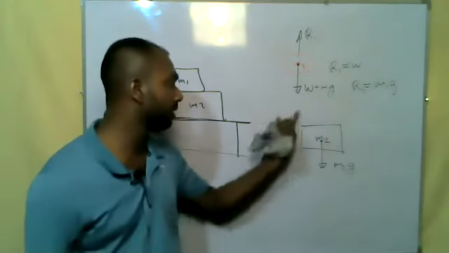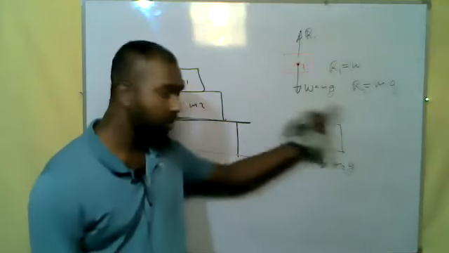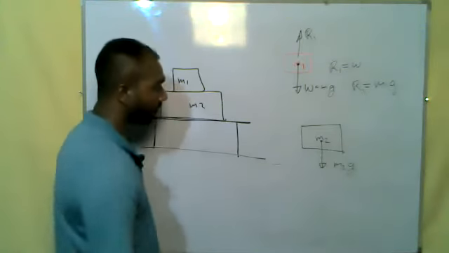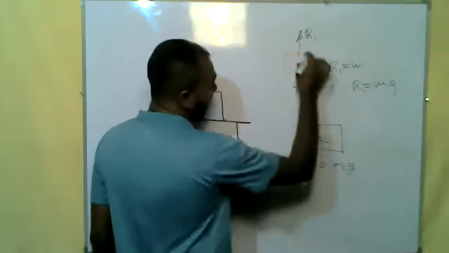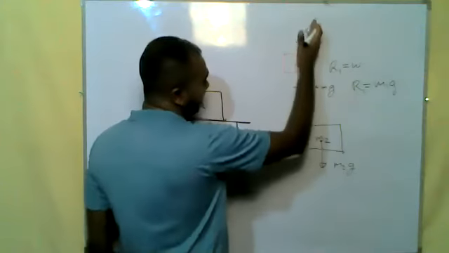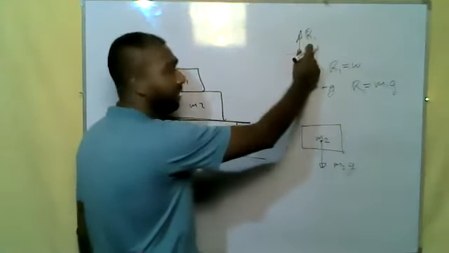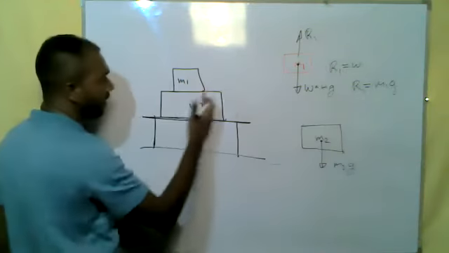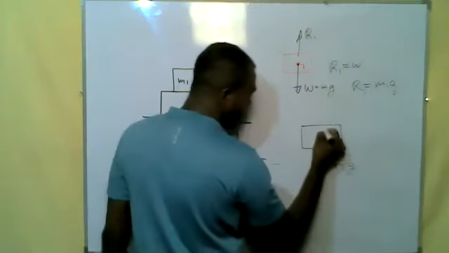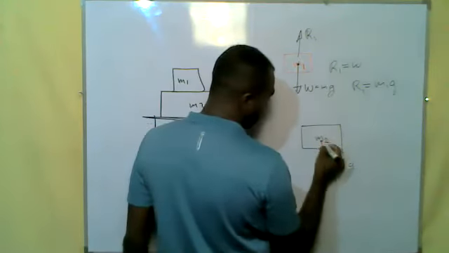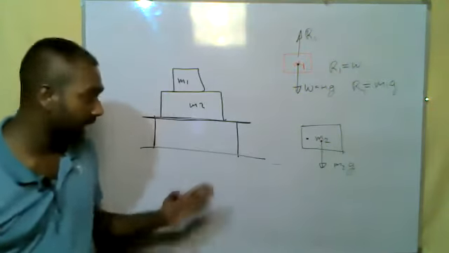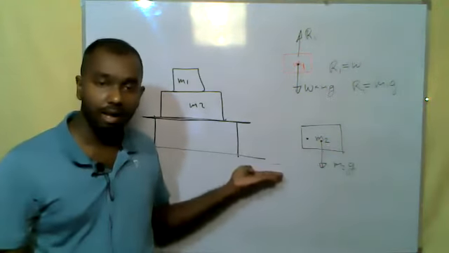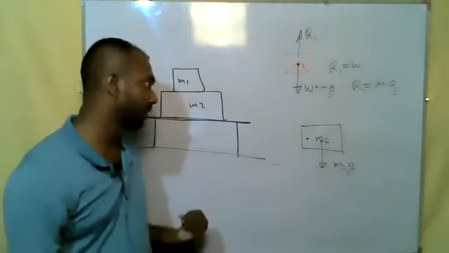Then what else? We saw that there is a reactive force on mass 1. Similarly, according to Newton's third law, for each action there is an equal and opposite reaction.